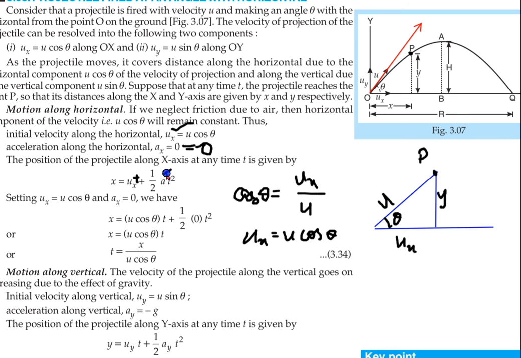Here a is 0, and instead of ux we put u cos theta. So this term becomes 0, and I will have only x equals u cos theta t. If I transfer u cos theta to the left side, it goes to the divisor part. So t equals x by u cos theta.